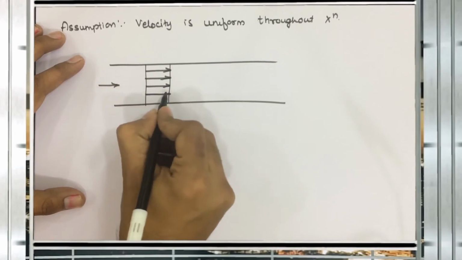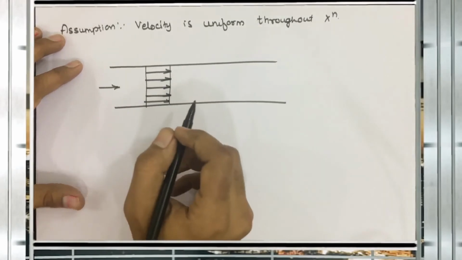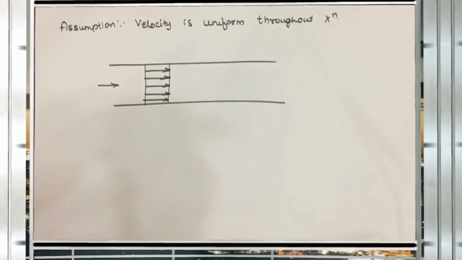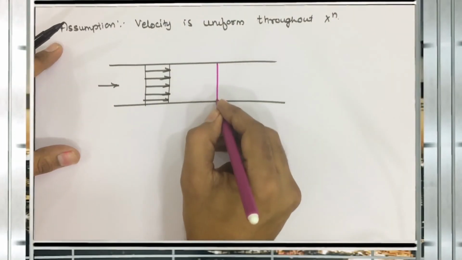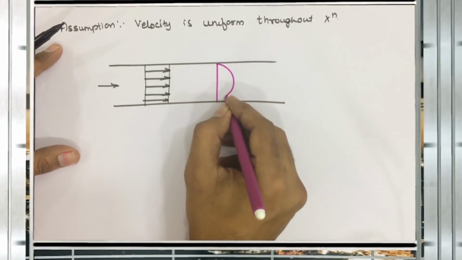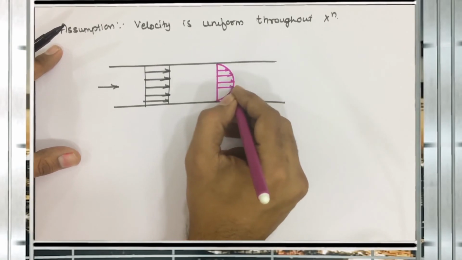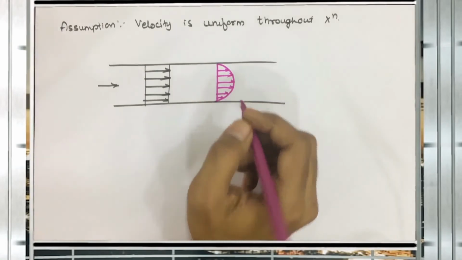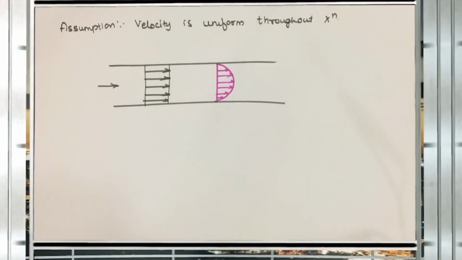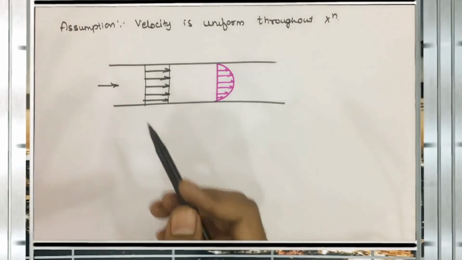But in the actual case, as we know, this cannot be so. The velocity distribution is somewhat like this: at the walls velocity is 0, and at the center velocity is maximum if it is flowing through a pipe. So this is our actual case, but we are assuming that the velocity is uniform throughout the section.